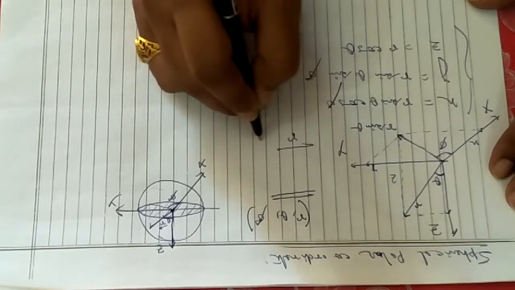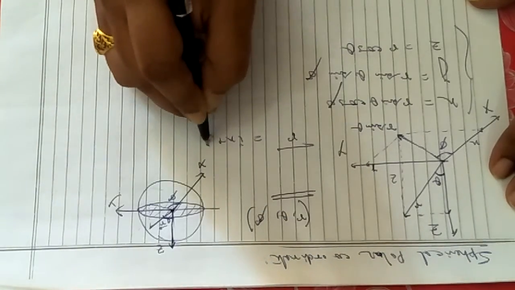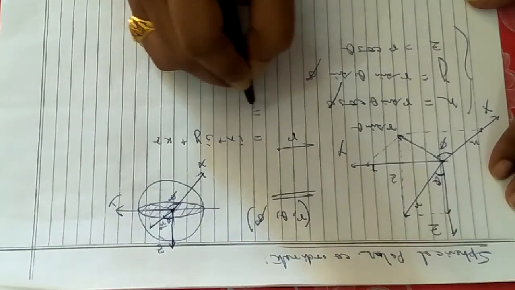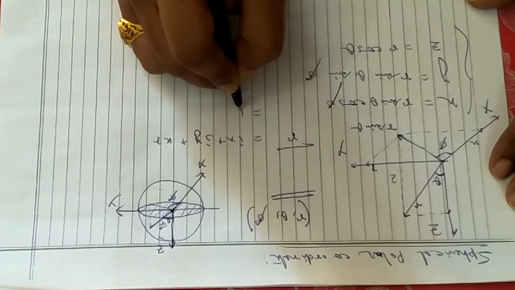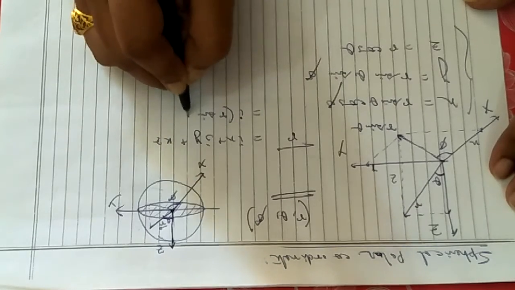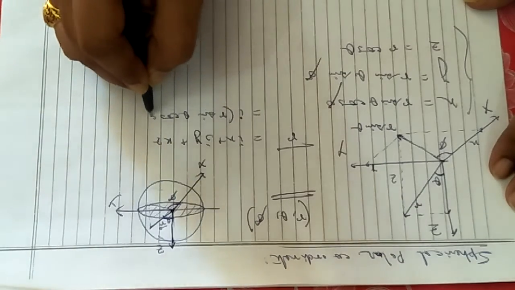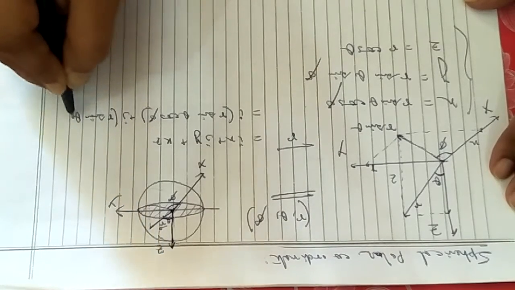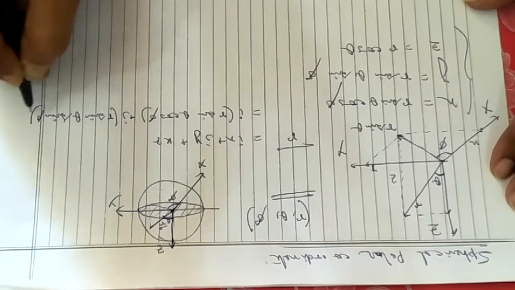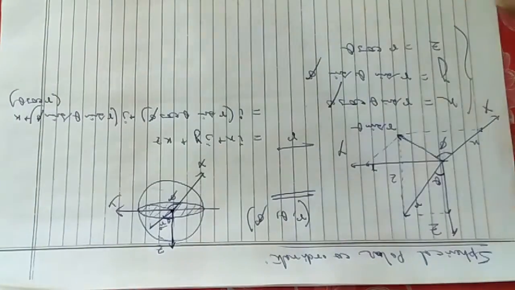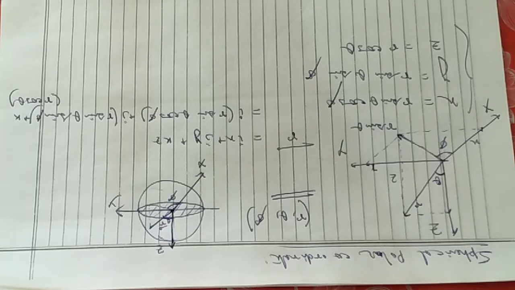Now the vector r equals i x plus j y plus k z, that is the vector in Cartesian coordinates, and it can now be written as i into the value of x, r sin theta cos phi, then j r sin theta sin phi, plus k into r cos theta. This is the conversion of the vector.